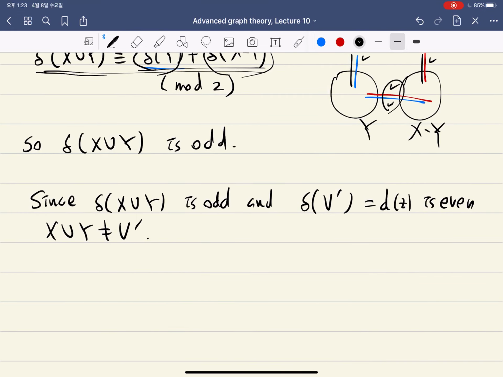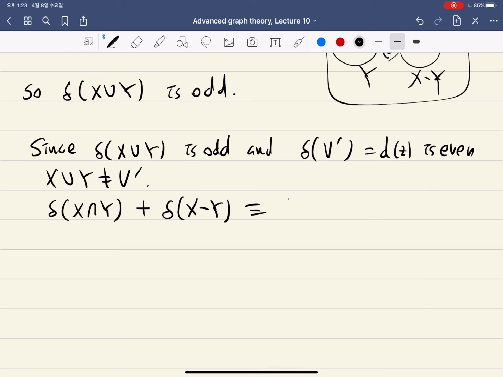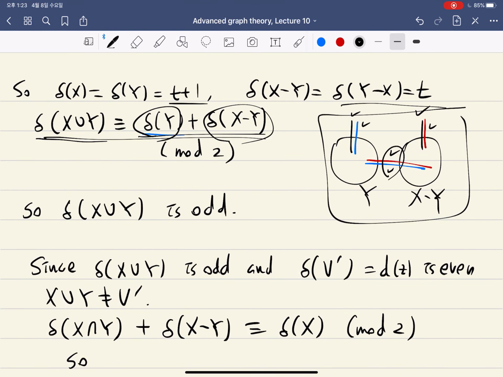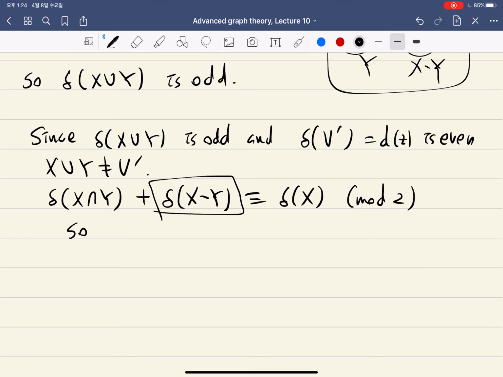And also, what do we know? Intersection plus X minus Y, because of the same logic here, has the same parity as delta X. So again, X minus Y here is T, and this is T plus 1, so this is odd.